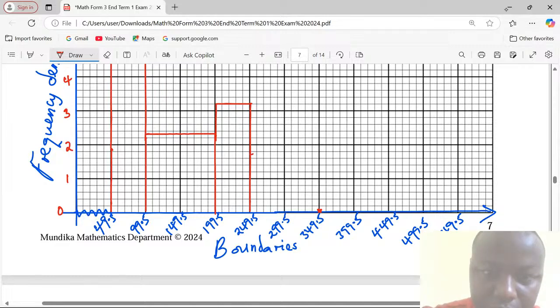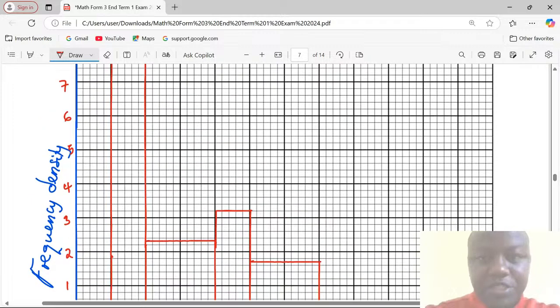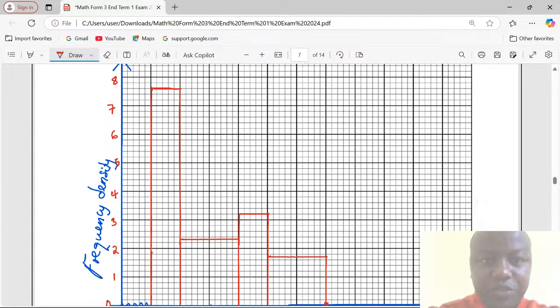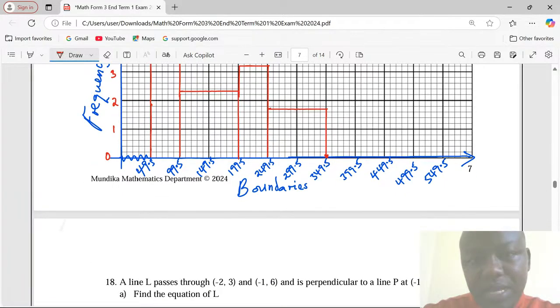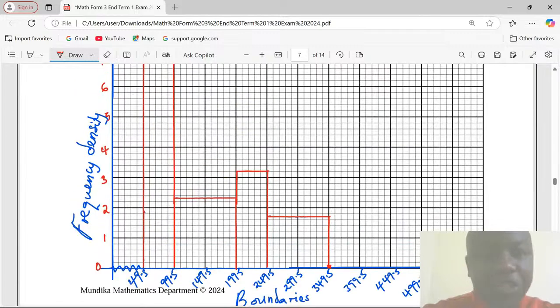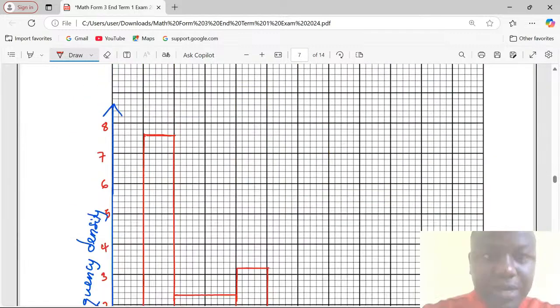I hope we are together in the interpretation of the scale used. So now you see, this is the histogram that we wanted. When the classes are not uniform, that's how we come up with a histogram.